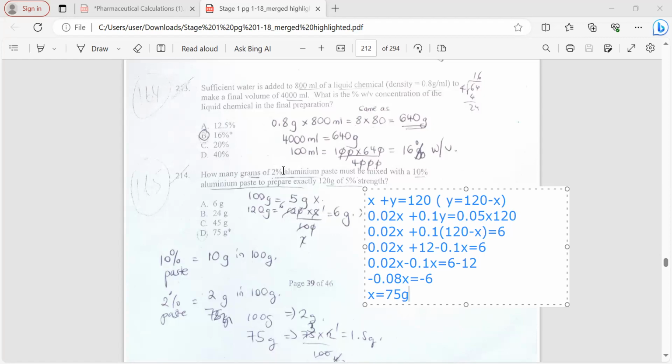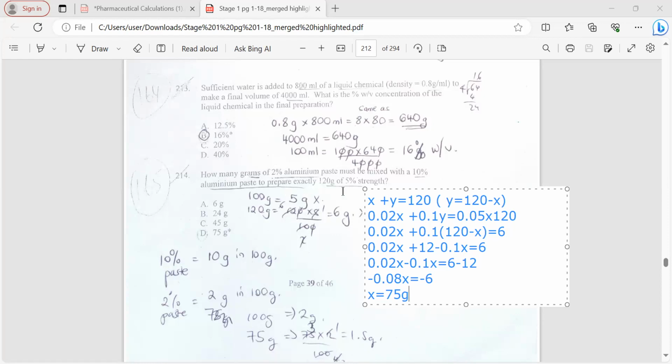Now 2% means 2 grams in 100 of the whole thing, right? So how much of the active is there. So we did 0.02x, like we did 2 over 100.